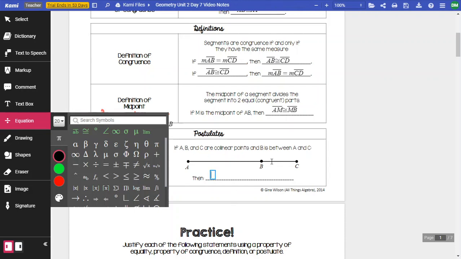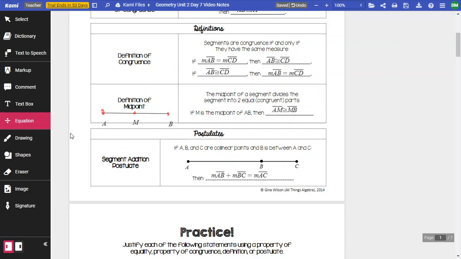So if A, B, and C are collinear, they're all in the same line, and B is between A and C, then we can say that the measure of segment AB plus the measure of segment BC is equal to the measure of segment AC. So we've seen that before. We've actually used that in Unit 1, but now we're just putting it down here on our reference to be able to use it in proofs.